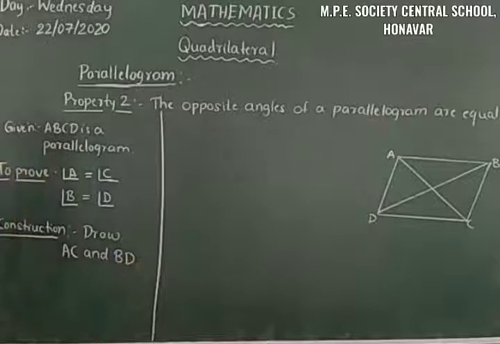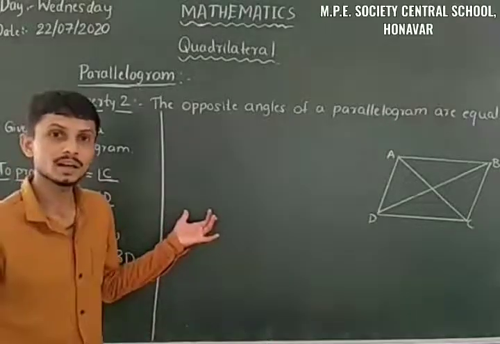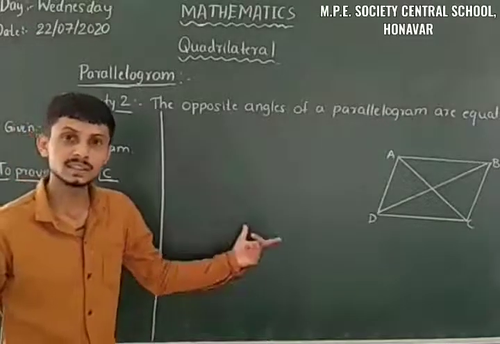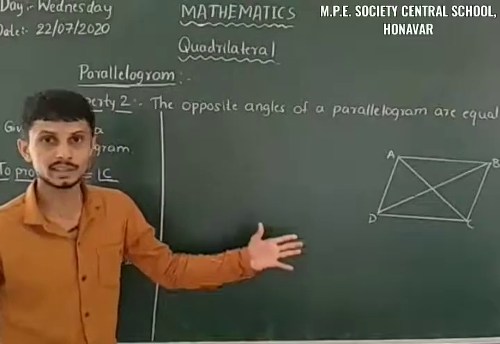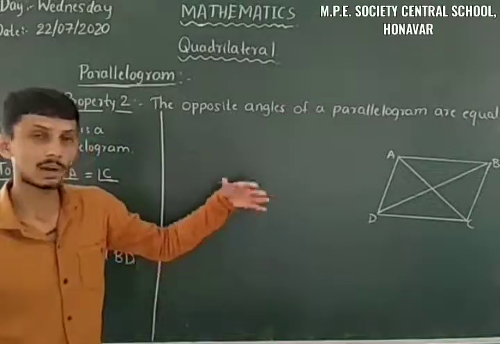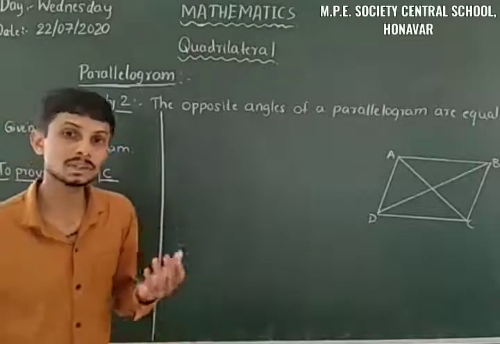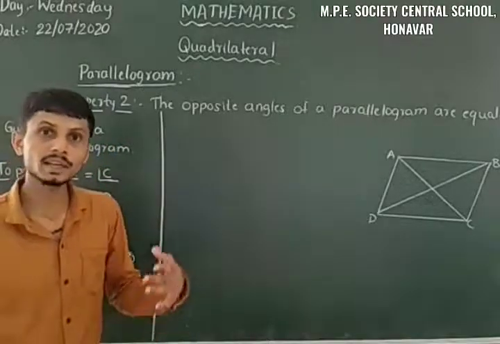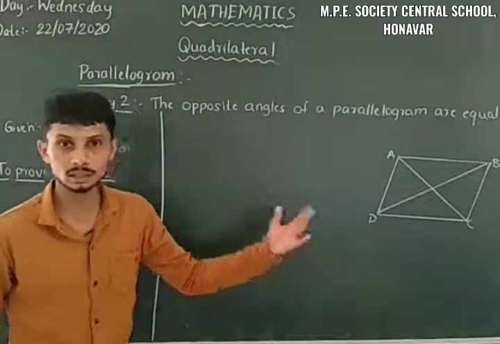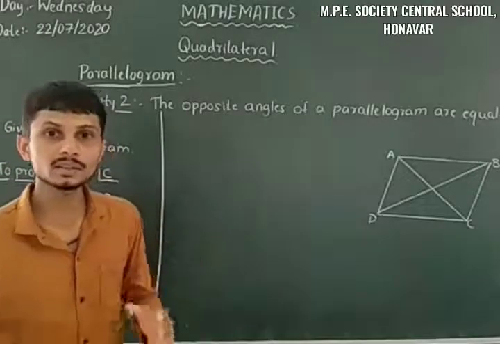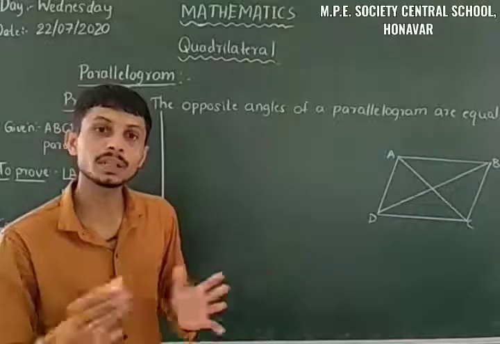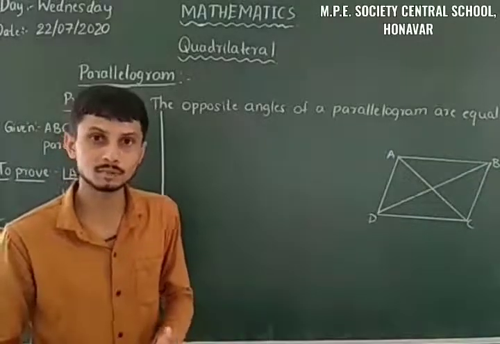Then we move to the next part, that is we consider any two triangles here. After that we take some angles that are equal and some sides that are equal. Then both the triangles are equal, so the corresponding angles are equal and corresponding sides are equal.